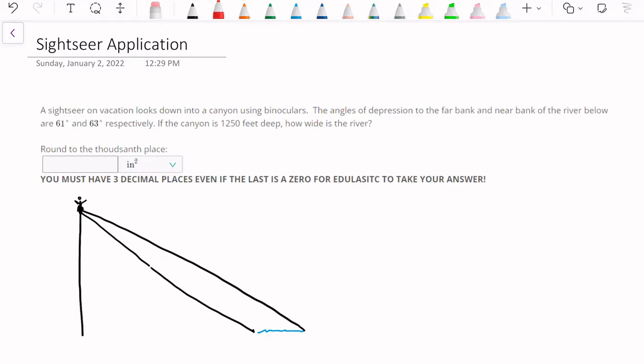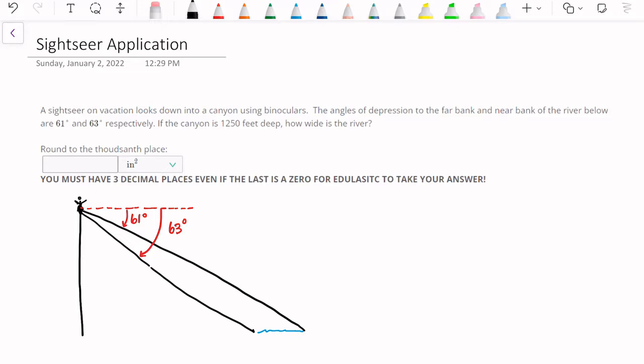And they gave us the angles of depression for these. So I'm going to draw in my horizontal horizon line. And we have 61 and 63 degrees. So make sure 61 is our smaller angle, and 63, I probably exaggerated these, is my larger angle.